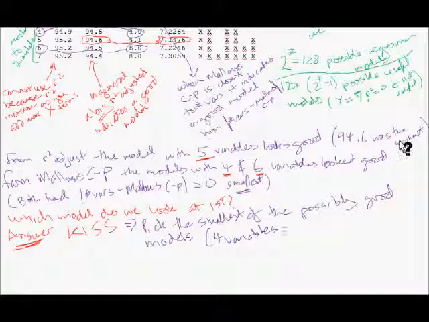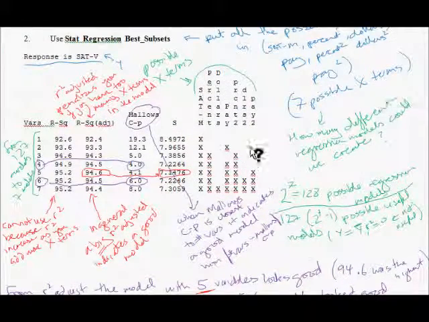And what variables are those? Well, if you go back up, we can see these x's show which terms are in the model, which terms aren't in the model. So for example, with one variable, as it made sense from the scatter plots, that says use just math. If you have 2 variables, it's telling us to use math and pay. If you're using 3 variables, it says to use math, percent squared.